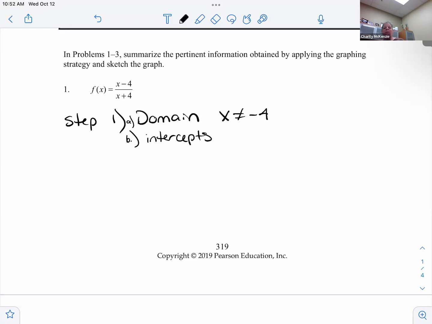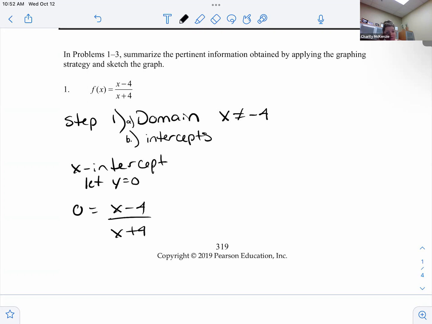Okay, so remember we have two intercepts, x-intercept and y-intercept. The way that we find our x-intercept is we let y equal 0. So f of x is the same as y, so 0 equals x minus 4 over x plus 4.